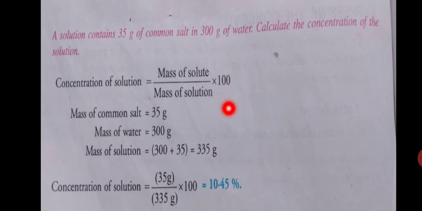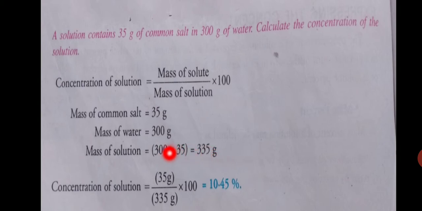We know that the solution is the sum of solute and solvent. While mixing the solute and solvent, we get the solution. So we can find the mass of the solution as mass of the solute plus mass of the solvent, that is 300 plus 35, equal to 335 gram.